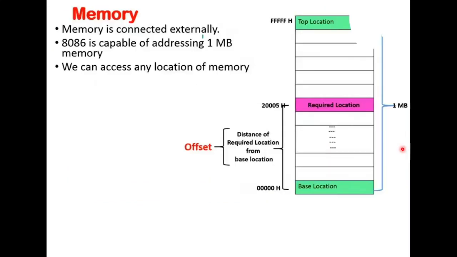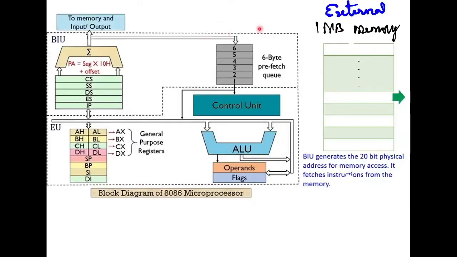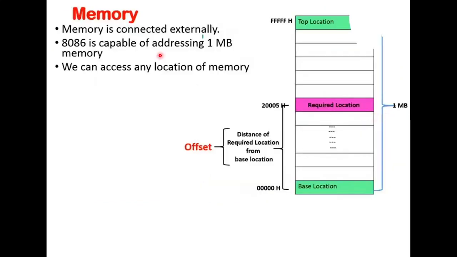Now we'll see what is memory. Memory is connected externally. See here, it is connected externally. It is not within this processor. Processor is here and memory is connected externally. 8086 is capable of addressing 1 MB memory.